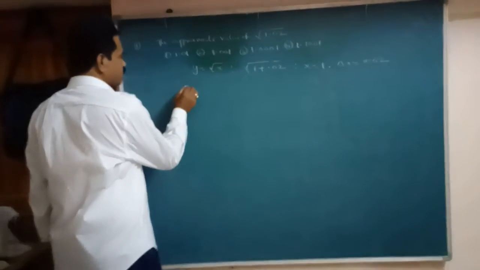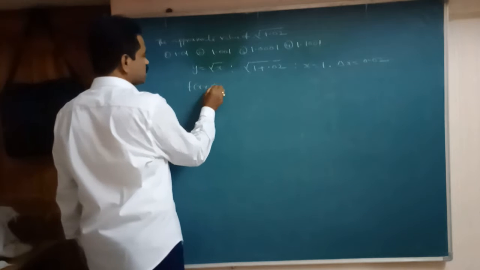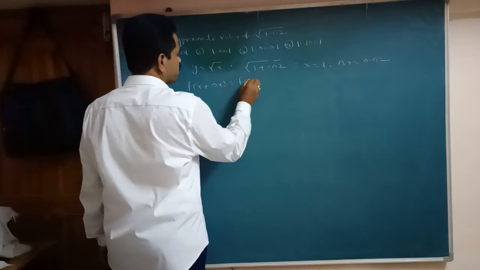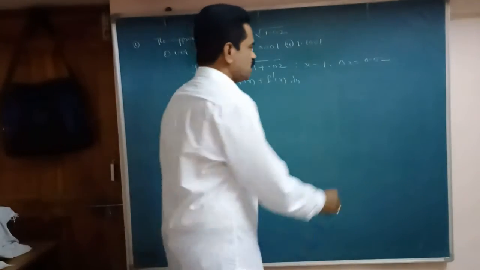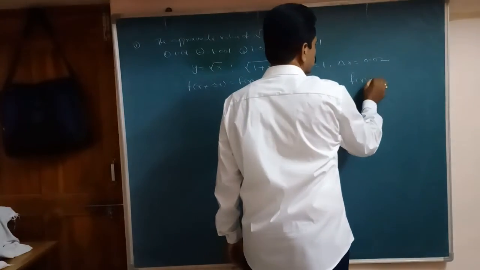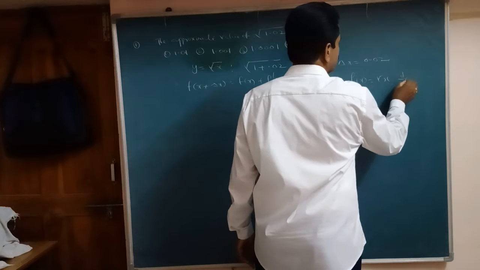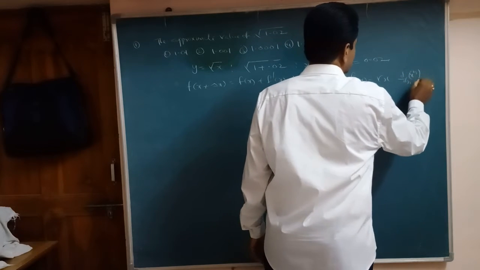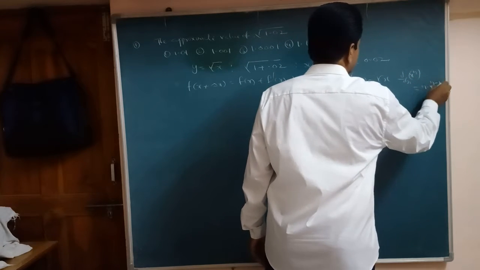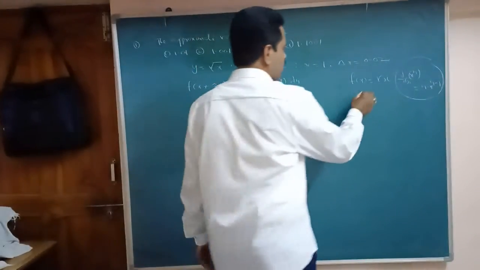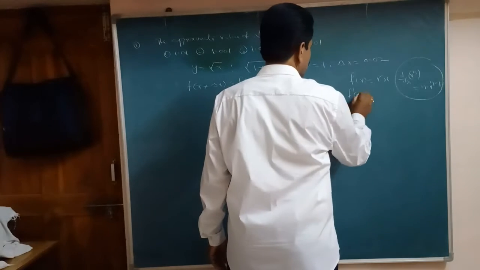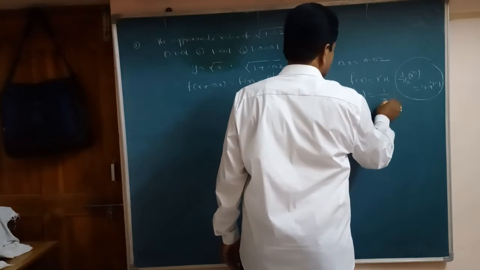What is the formula? Now discuss. f of x plus delta x equal to f of x plus f dash x into delta x. We know that f of x equal to root x. We know the formula d by dx of x power n is n into x power n minus 1. Using this formula, f dash x is what here? 1 by 2 root x.